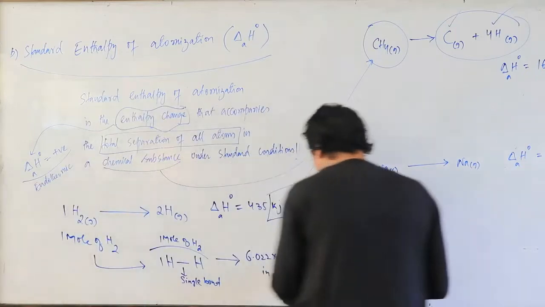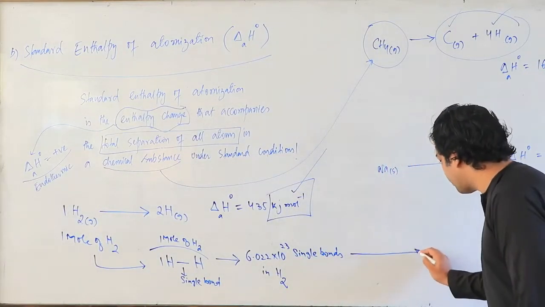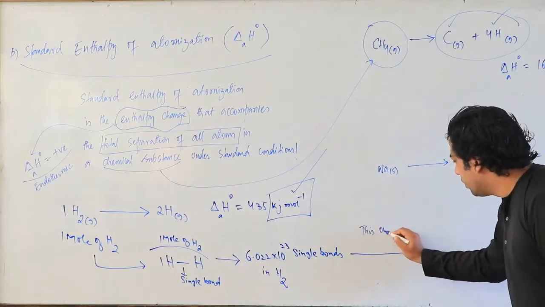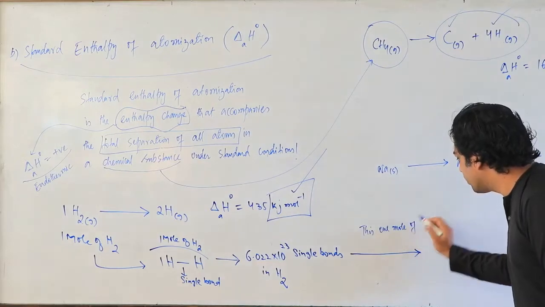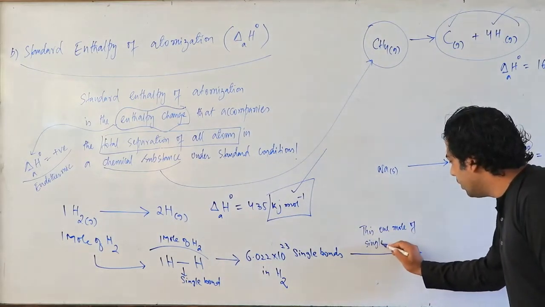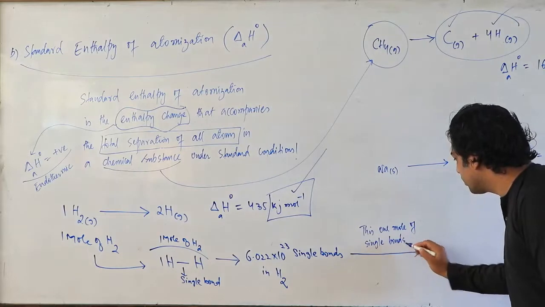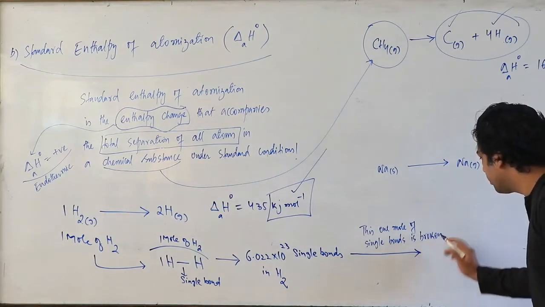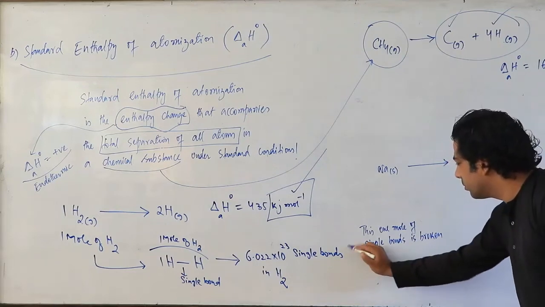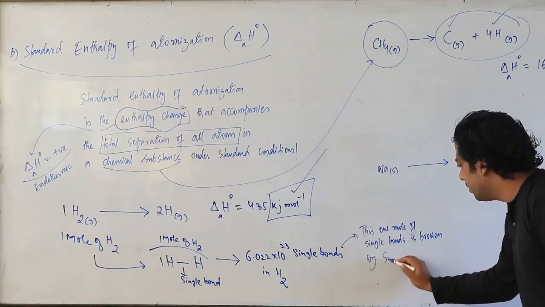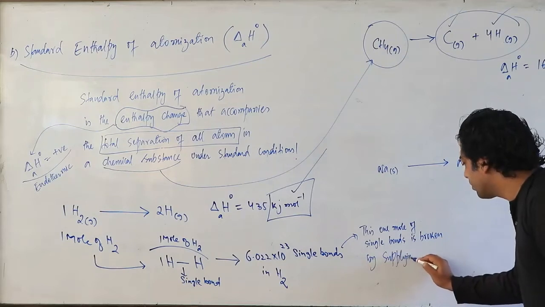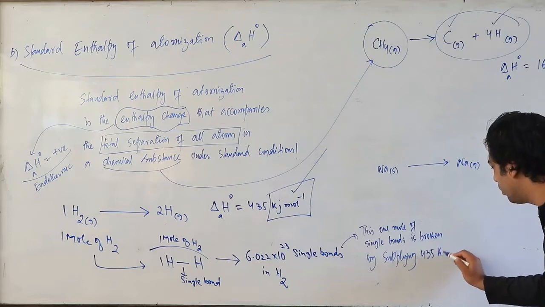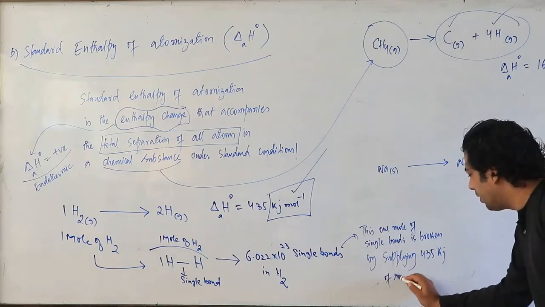So when I break these single bonds, this 1 mole of single bonds is broken by supplying 435 kilojoules of energy.